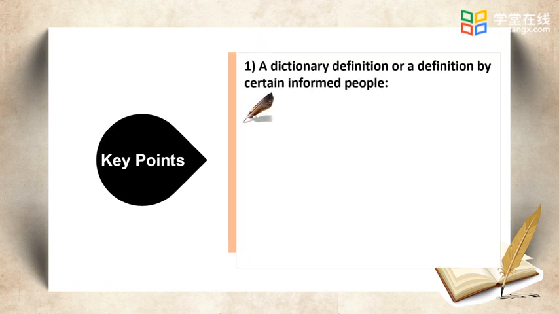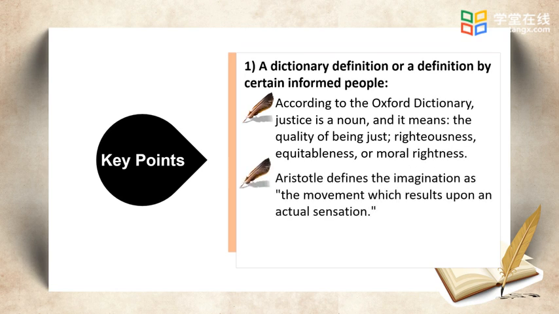Now, let's try to have a detailed explanation of these methods. First, a dictionary definition, or a definition by certain informed people. I have provided two examples here. The first one is the dictionary definition of the term justice, while the second one is Aristotle's definition on imagination.